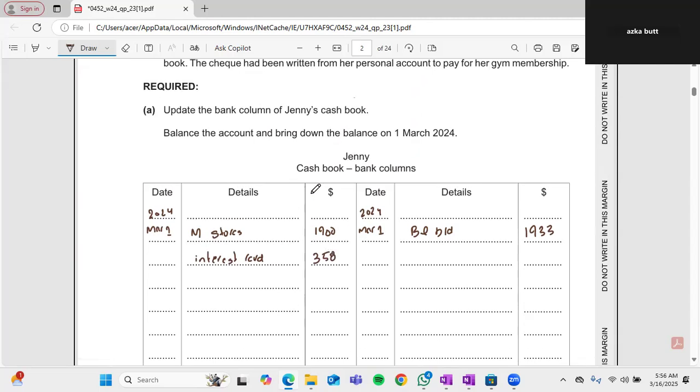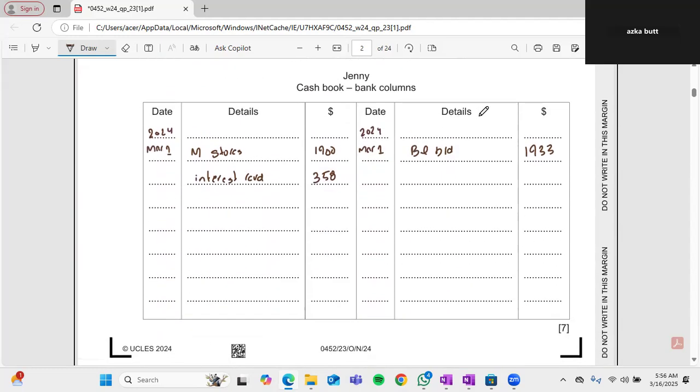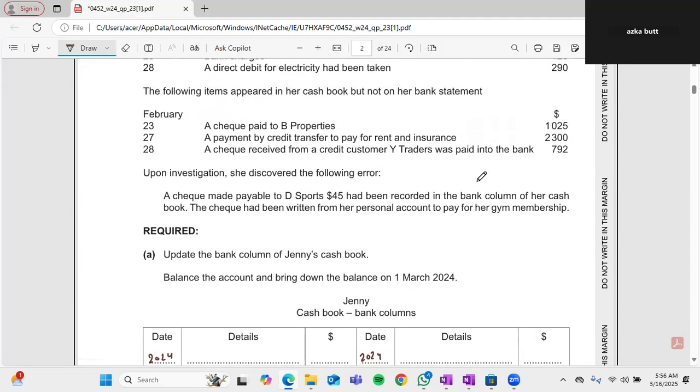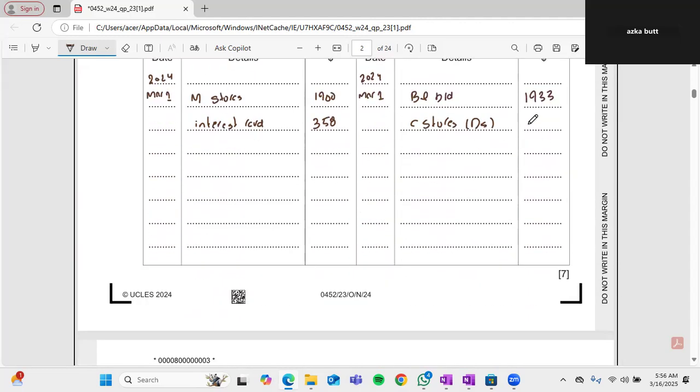Okay, so now let's see the next one. A check previously received from C stores had been dishonored. So the dishonored check should be credited.